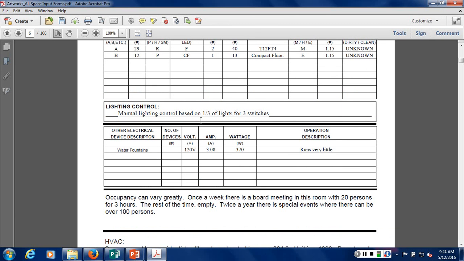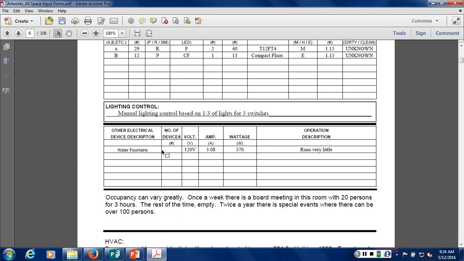So they can turn on 1/3, 2/3, or 3/3 of the lights, but they are manual. Things that we would want to put in there if there's any type of automated control, either based on motion, timing, interlocked with some other device, or sometimes lights are simply hardwired on all the time for security or safety reasons.